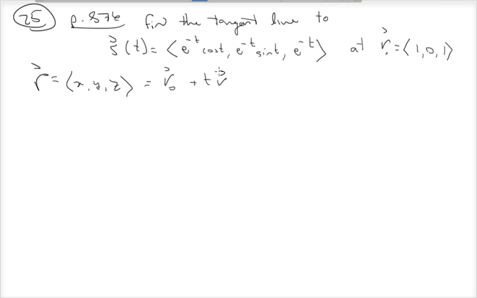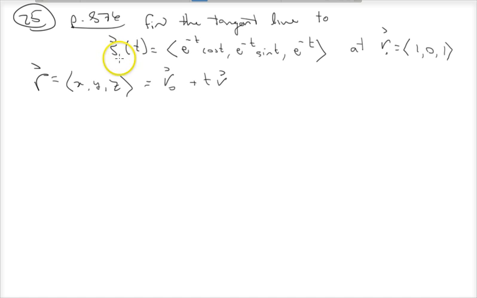So in the same way that we need to find the slope by taking the derivative in a 2D function, we need to find our v, the vector that will determine the direction of our tangent line, by taking the derivative of our function and figuring out what that vector will be at the point t when the function equals r sub 0.